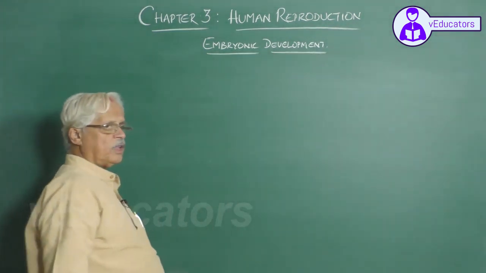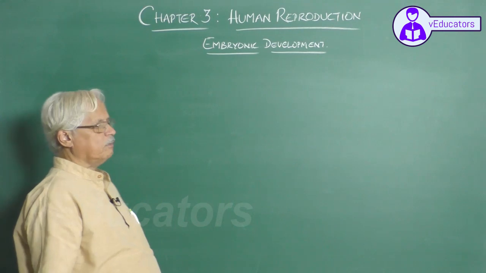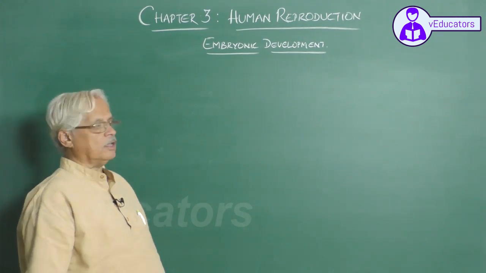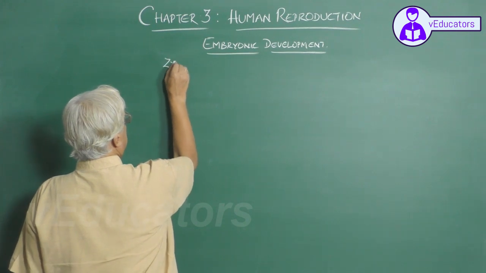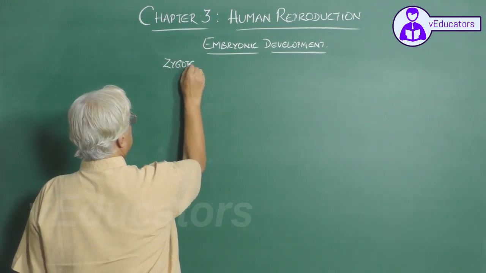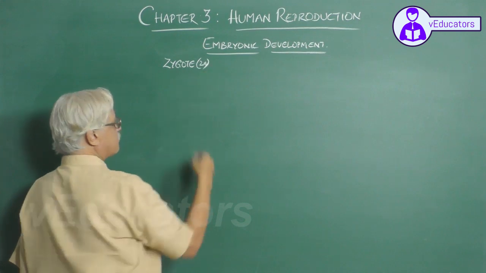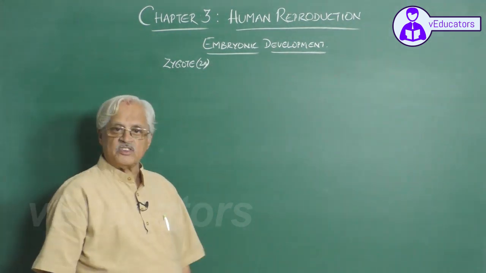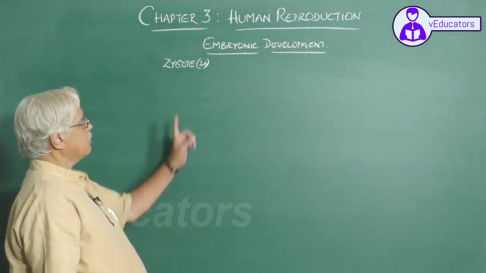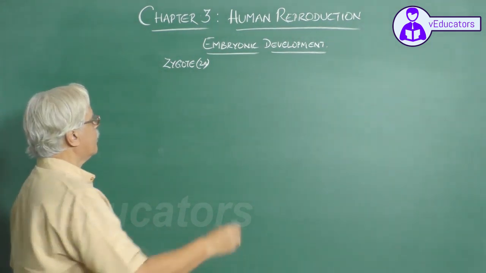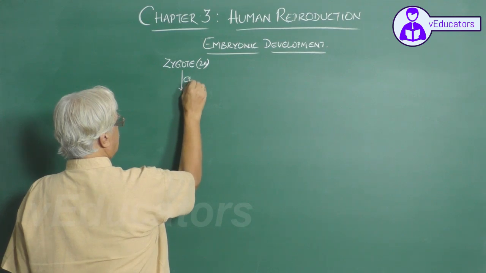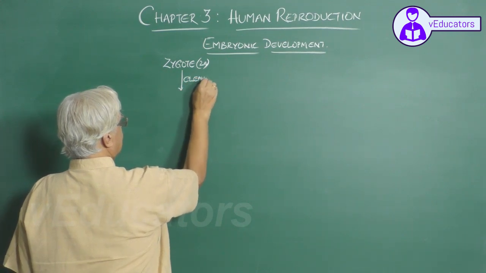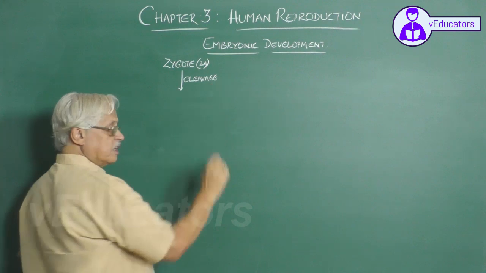If you take the general pattern of development in animals, higher forms of animals, it begins with the zygote. Zygote, as you know, is a diploid cell formed by the fusion of the sperm and the ovum. Zygote initially undergoes a process called cleavage.